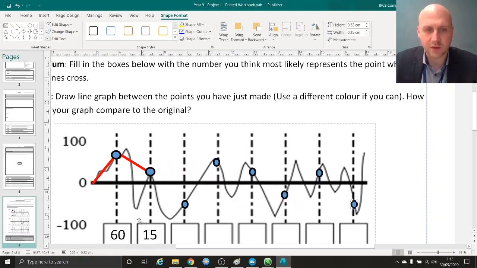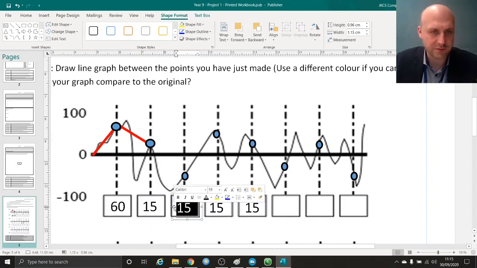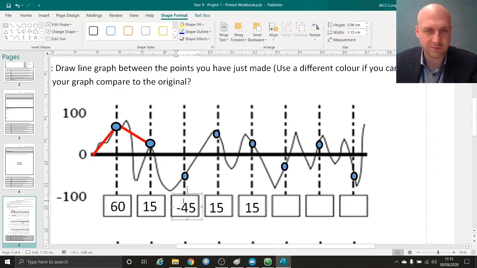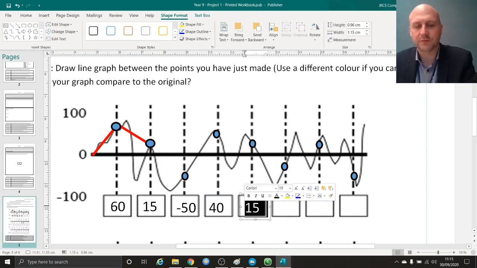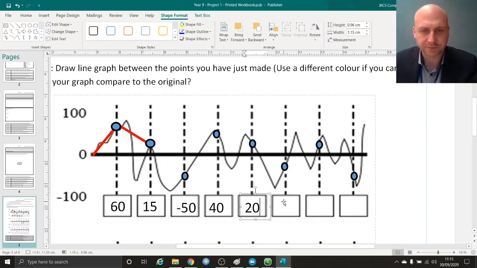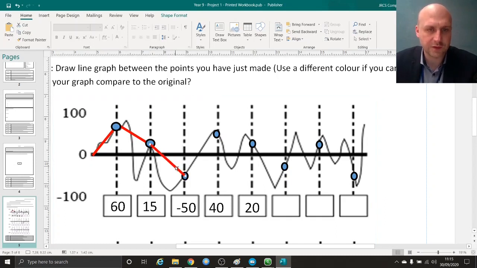And then I want you to guess what you think each number might be. Obviously, I'm not going to do too many of them, but maybe that's minus 45, maybe minus 50. It's maybe 40, 20, whatever you think they are. And then you can draw lines between each one to demonstrate what it looks like.